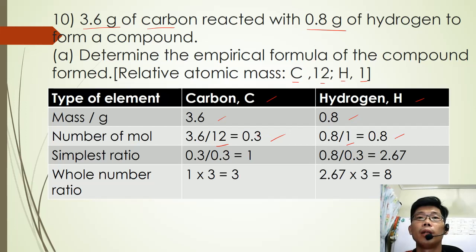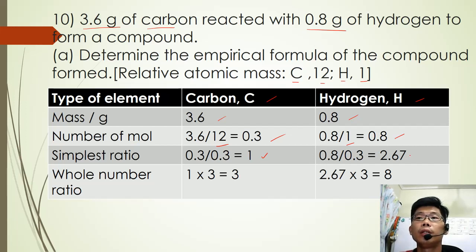Carbon is smaller, so both moles will be divided by the smallest one. Carbon divided by 0.3, you get 1. Hydrogen we divide by 0.3 as well, so you get 2.67.